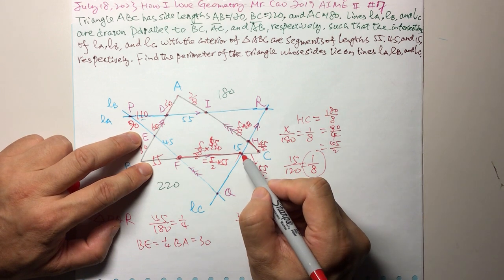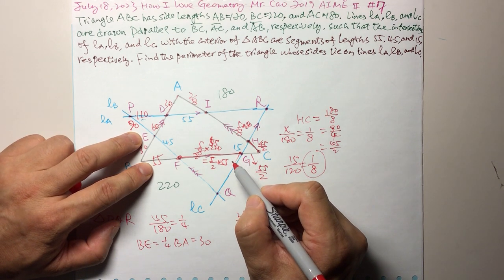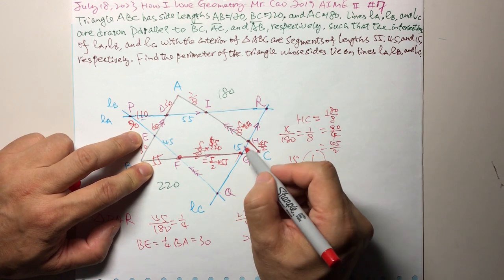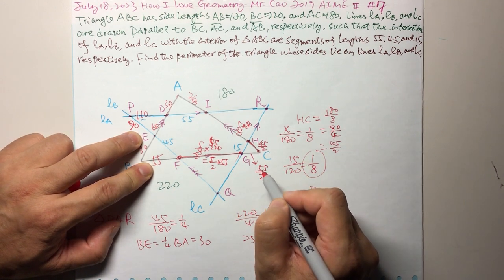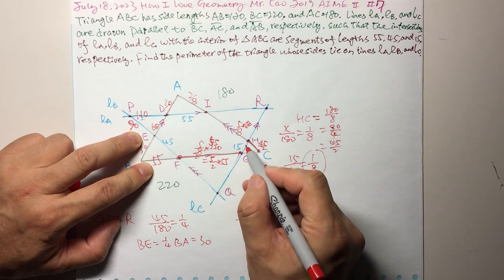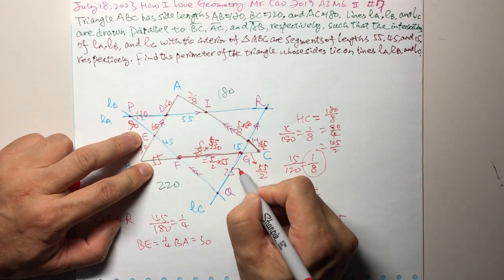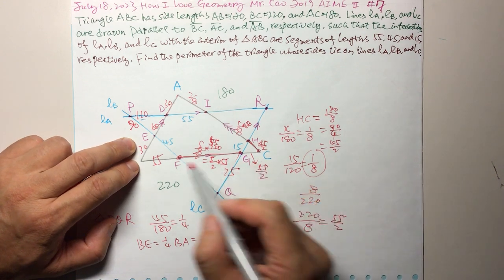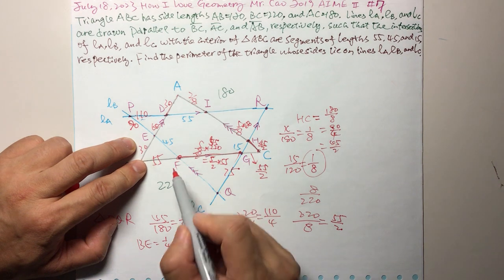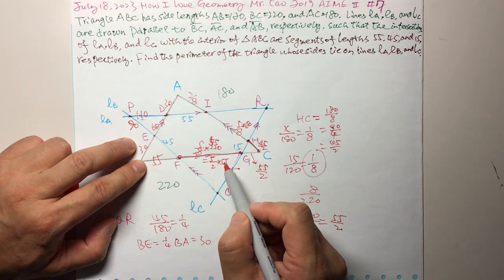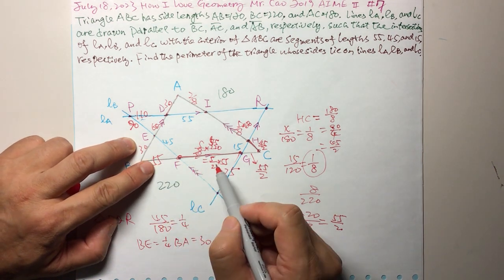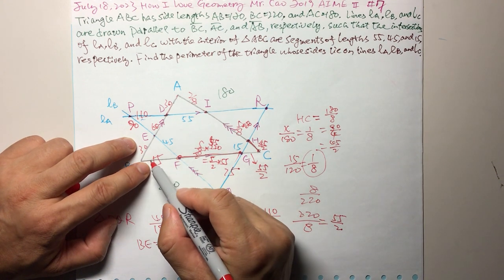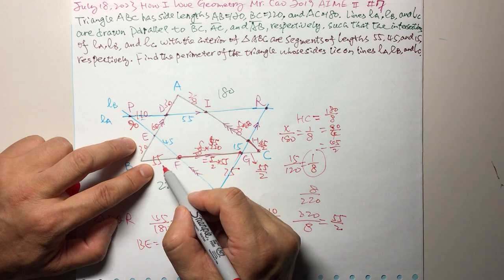So if this is 15, how long is this one? 15 times 5, because that's 5 halves, so it's 75. And for this one, if this is 1, it's 2 to 5.